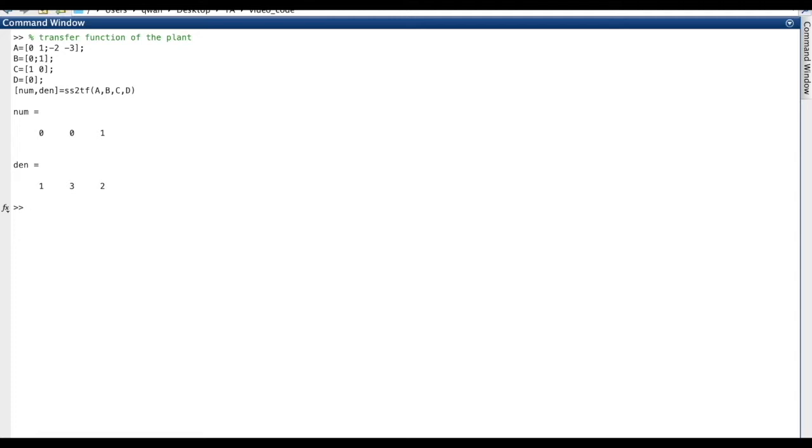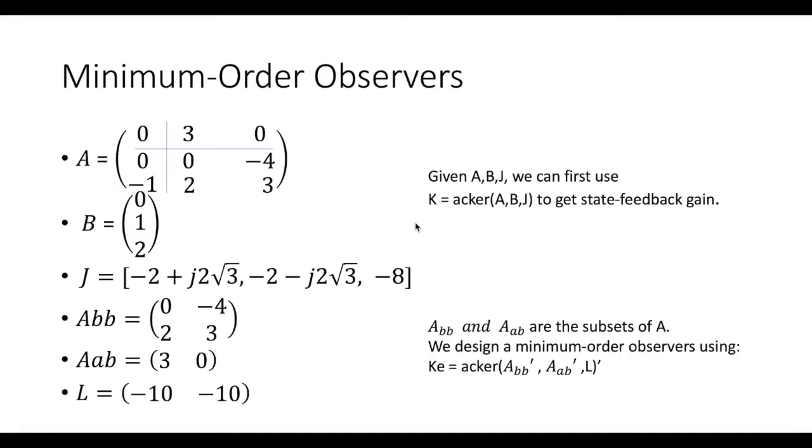Here we can see that the transfer function is 1 over s squared plus 3s plus 2. The corresponding MATLAB function is ss2tf.